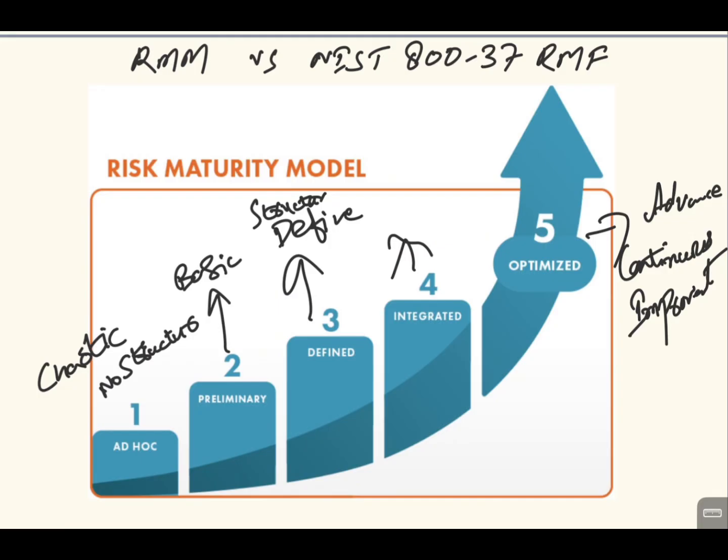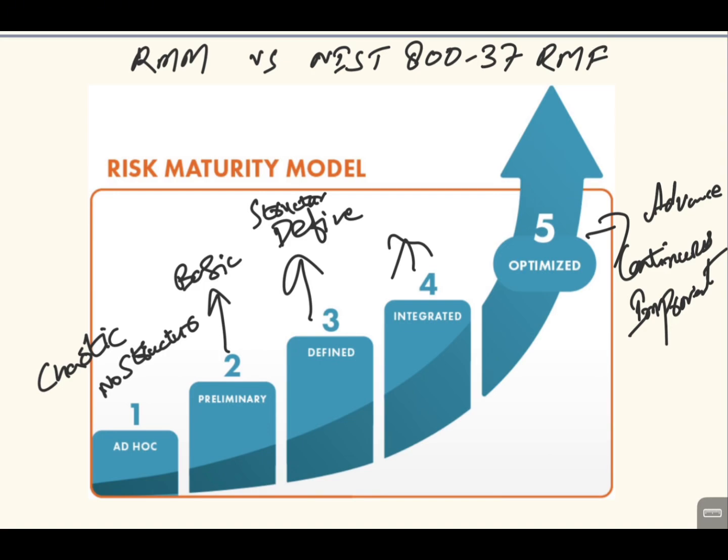So it impacts RMF: RMF is not implemented, or it is implemented but very weak. Security controls are inconsistent, right? These are just examples.